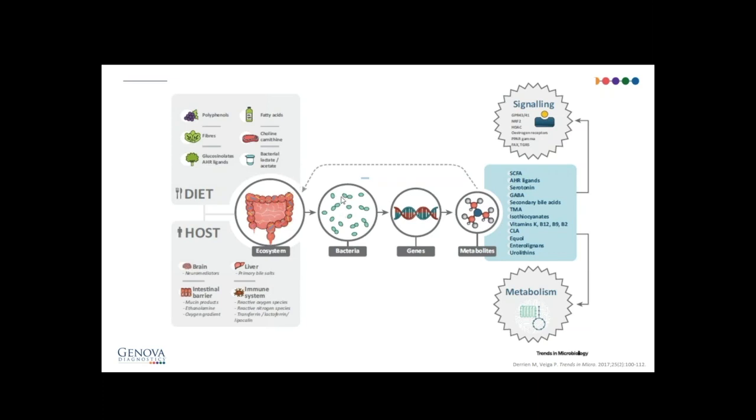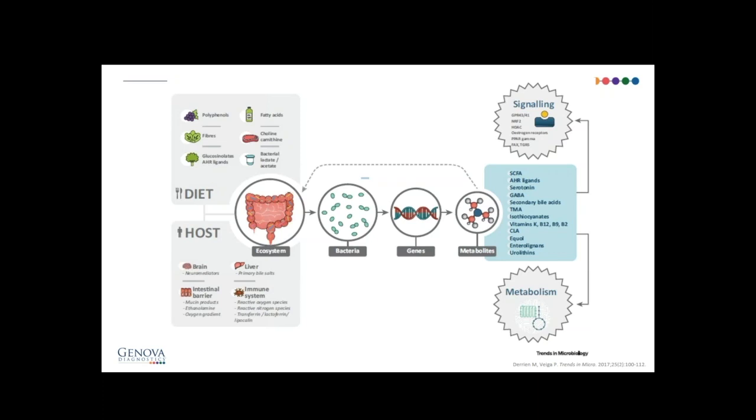And those bacteria are in turn going to express certain genes that produce metabolites. And over on the right, we have in the blue box a list of just a few metabolites that are produced. There's actually close to 1,000 metabolites that have been discovered and counting.